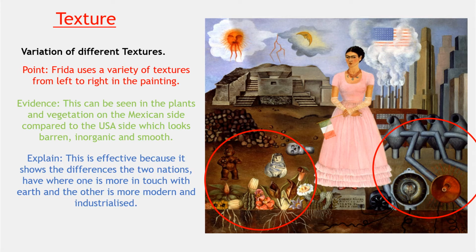And this is effective again because it shows the differences between the two nations, where she is communicating how much more in touch Mexico is with the earth and how America contrasts to that and is more modern and industrialised.